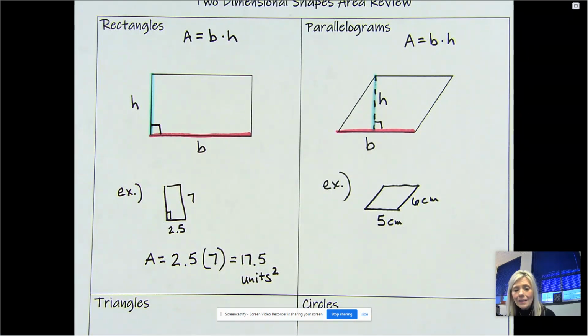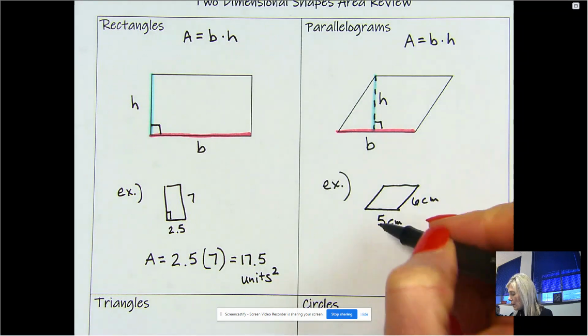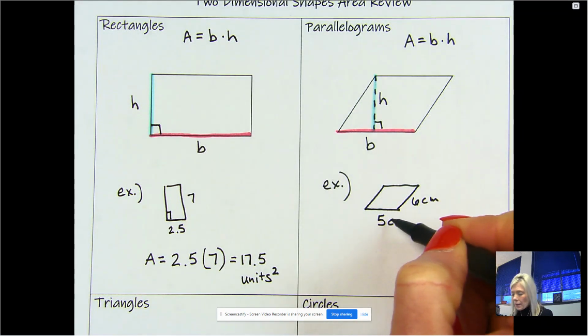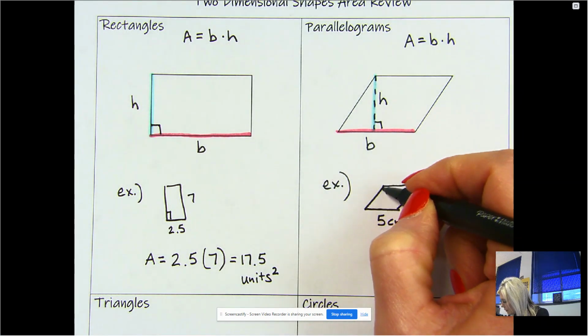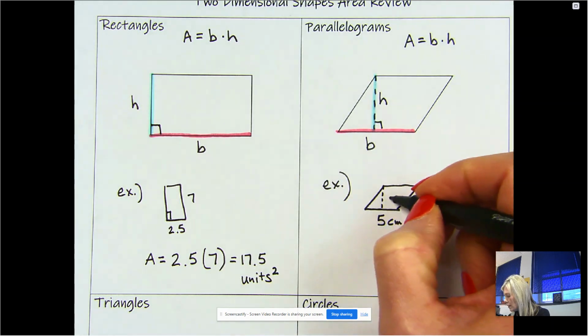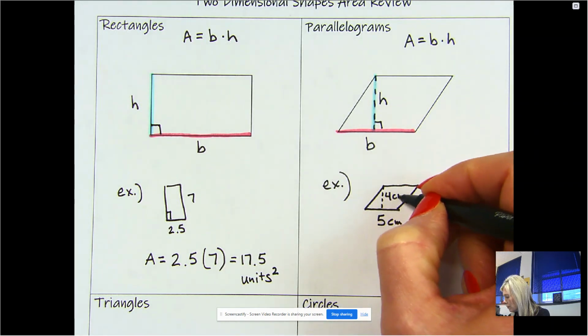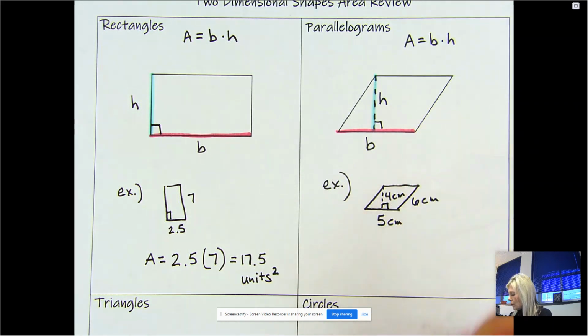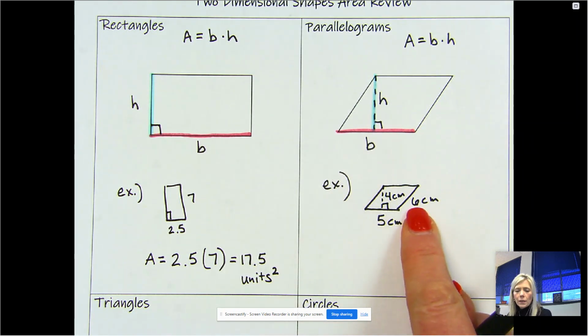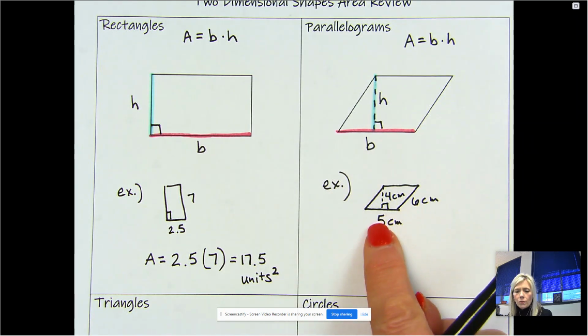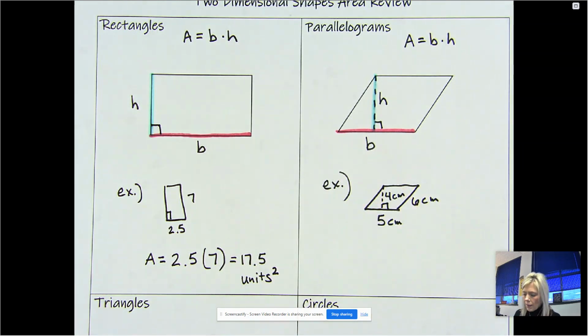Well, the base is going to be 5, right? That's the base, but the height is whatever this distance is. Let's say it's 4 centimeters. So even though I have the 6 right here, I'm only going to use the 5 and the 4 to calculate the area.